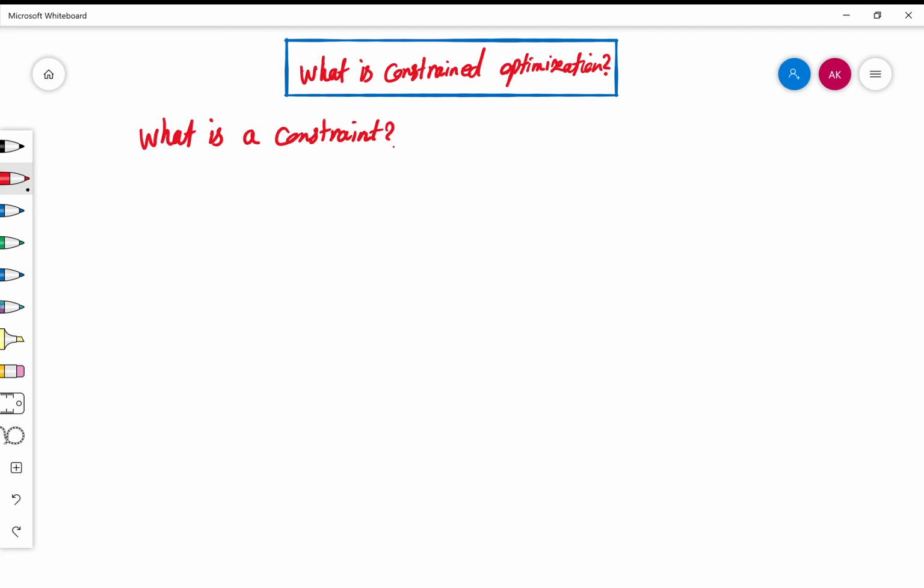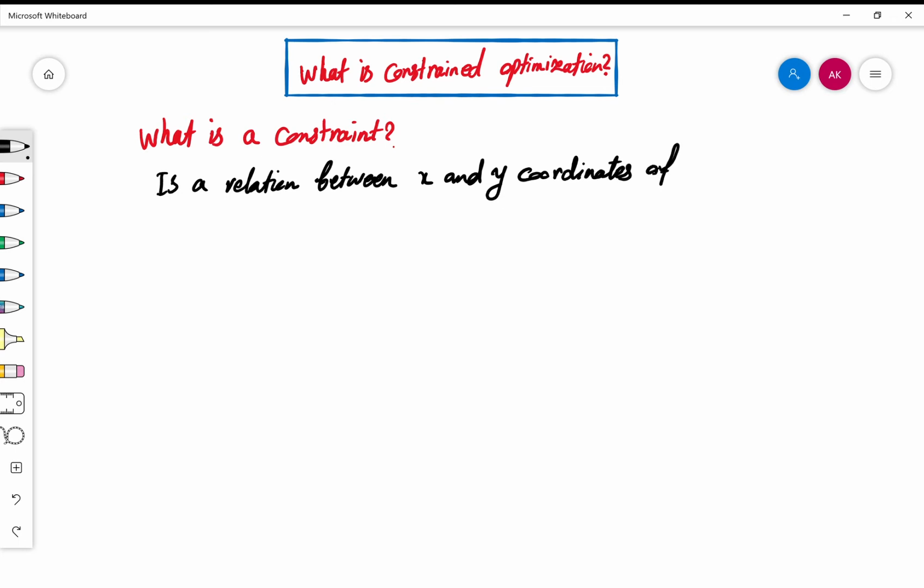So a constraint is a relation between x and y coordinates of the points under the investigation.